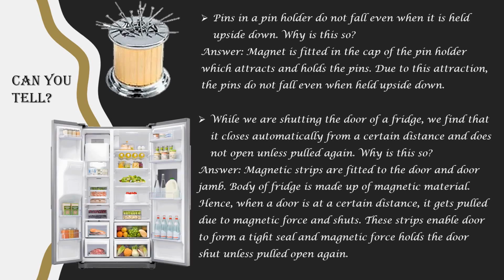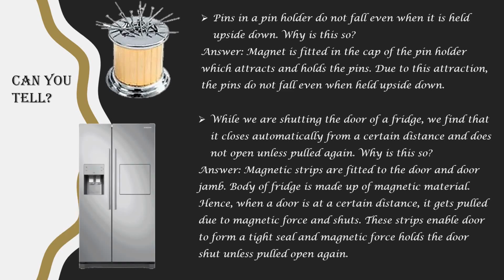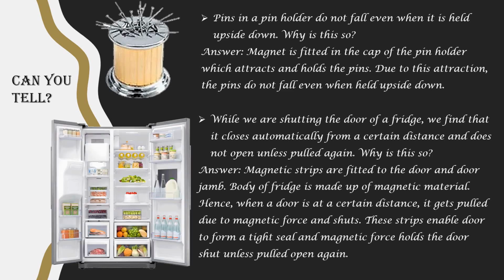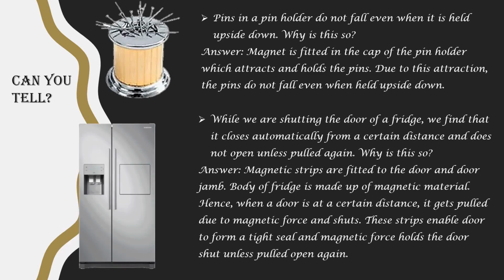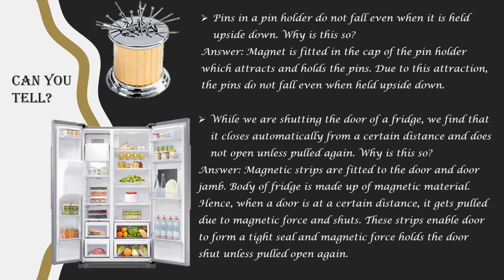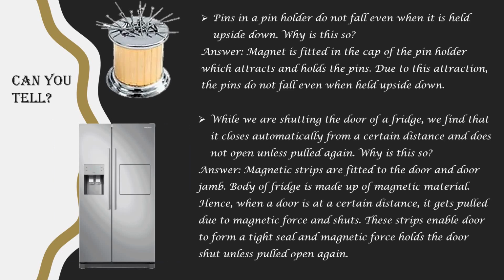The body of the fridge is made of magnetic material. Hence, when the door is at a certain distance, it gets pulled by magnetic force and shuts. These strips enable the door to form a tight seal, and magnetic force holds the door shut unless pulled open again.